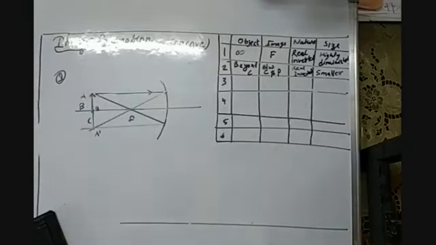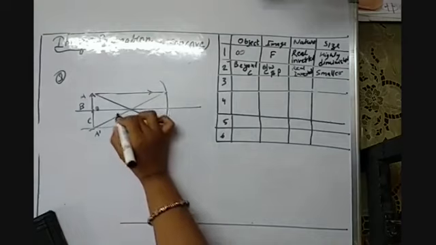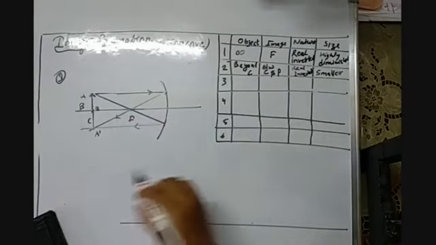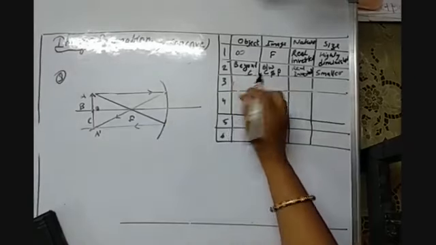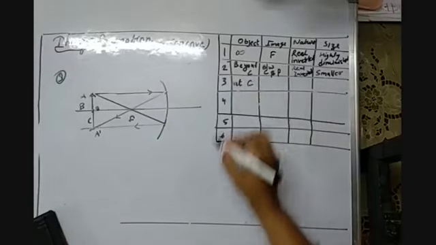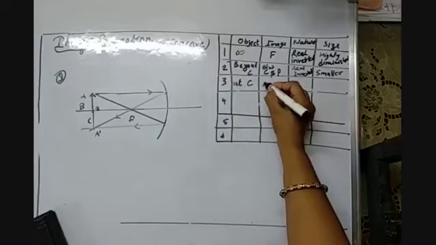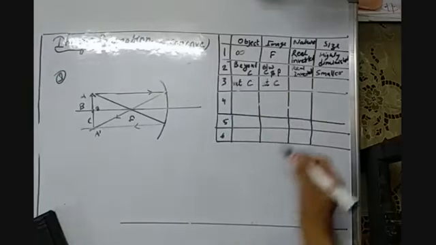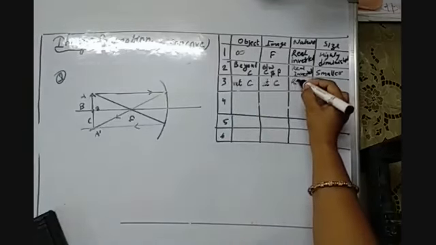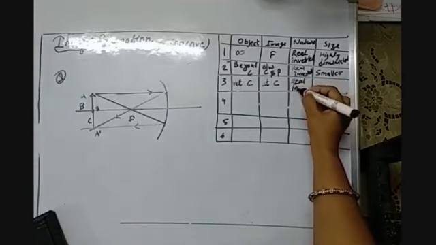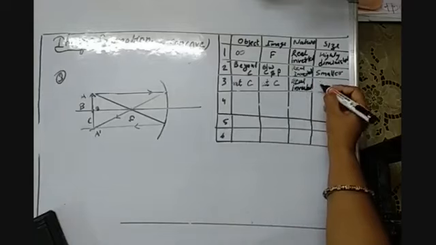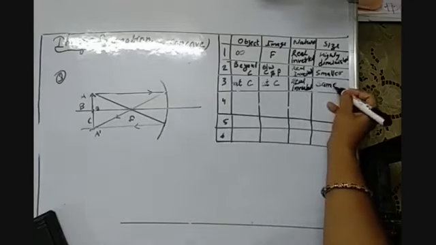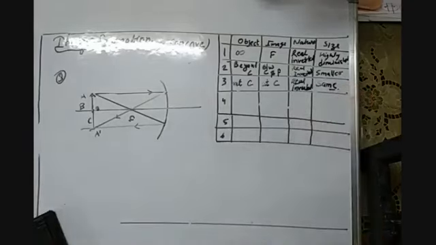So here you can find that when the object was at C, the image was formed also at C, real and inverted, and of the same size as the object, as it is visible from this end.